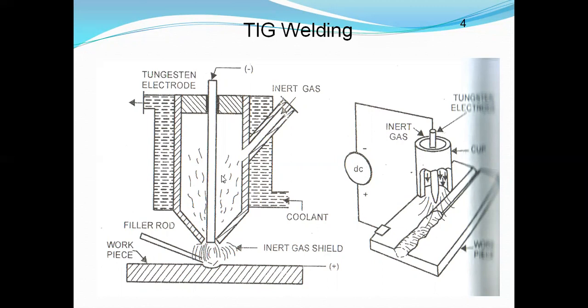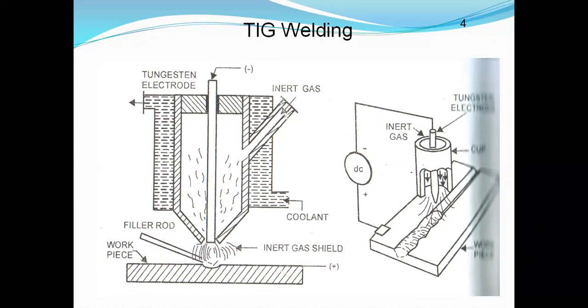Because if atmospheric air participates in this welding process, some defects may be produced. So for that reason, we use inert gas. It is used as a shield, so there is no contamination from atmospheric air while doing the welding process.